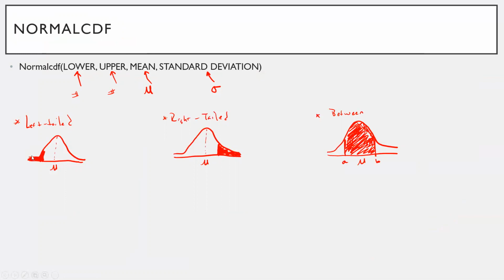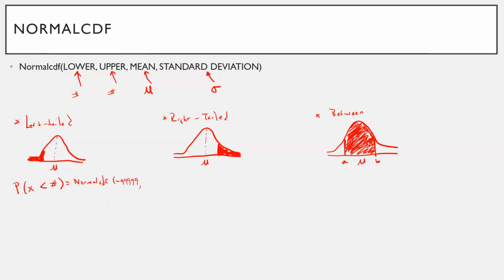When you have a left-tailed probability, so this is going to be the probability that X is less than some number, you're going to go normal CDF. For the lower value, you have to put in some really, really small number, like negative 9999999.